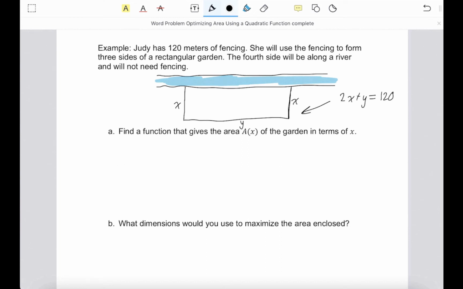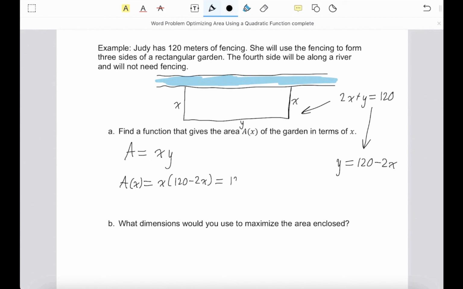And the area is x times y. But I can take this equation and solve for y. I get y equals 120 minus 2x. And I'll substitute y into there. So A of x, since it's going to be one variable, equals x times (120 minus 2x).